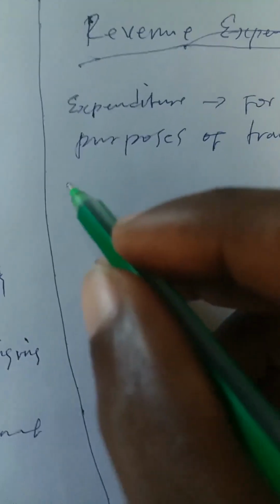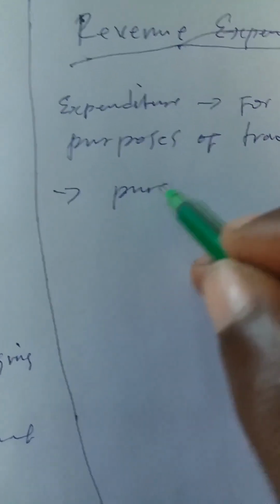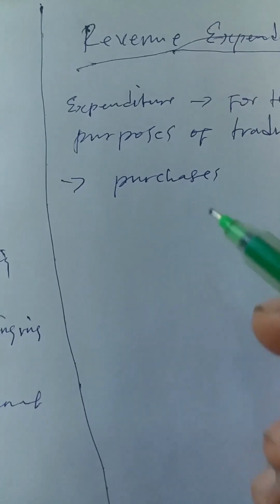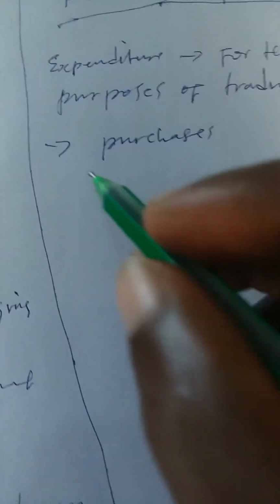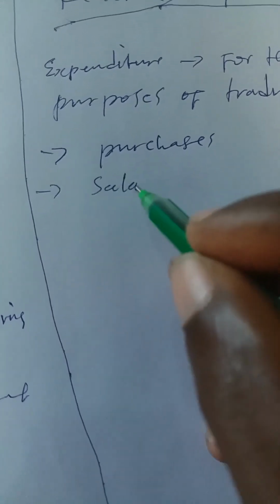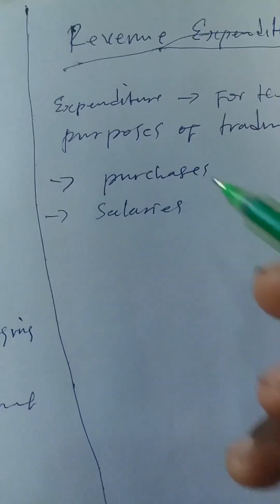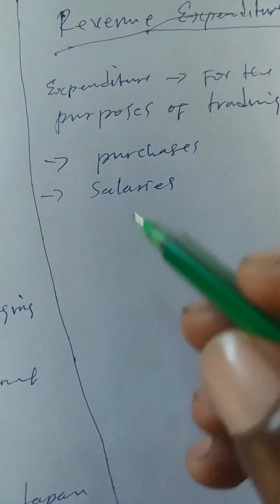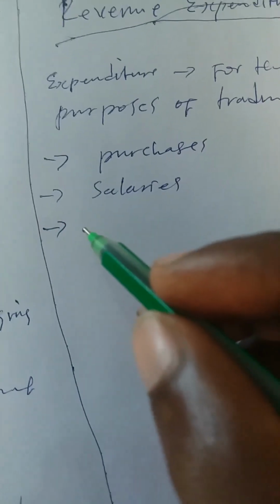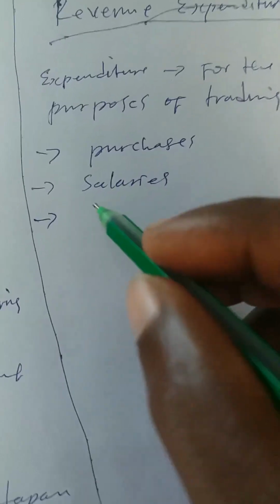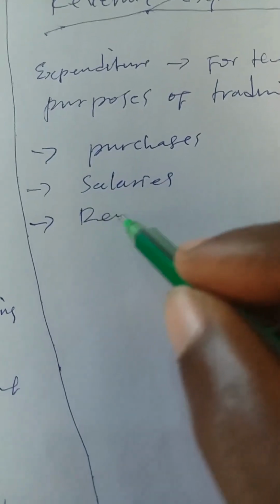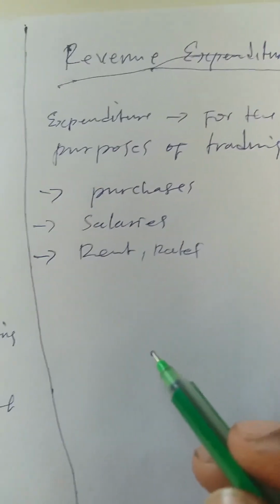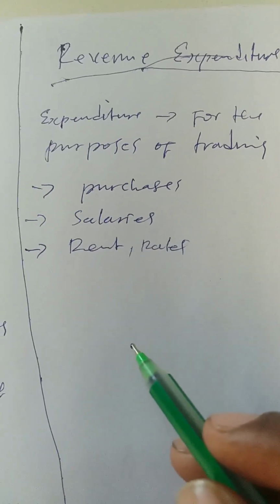The normal expenses a business makes, like purchases, salaries, those are what we are calling revenue expenditure. Any other expenses, let's say rent and rates, all these other expenses are classified as revenue expenditure.